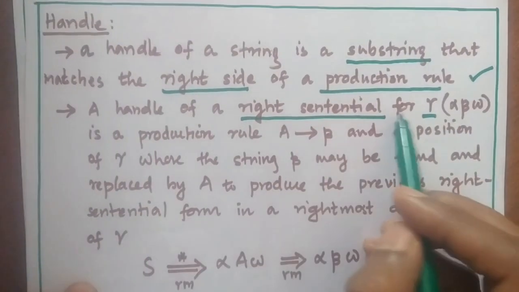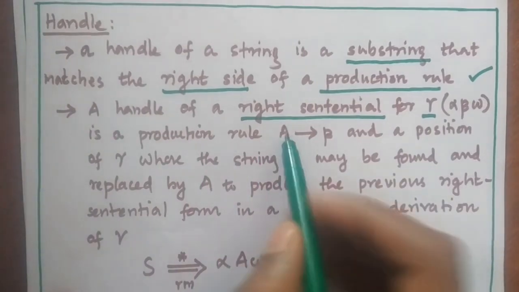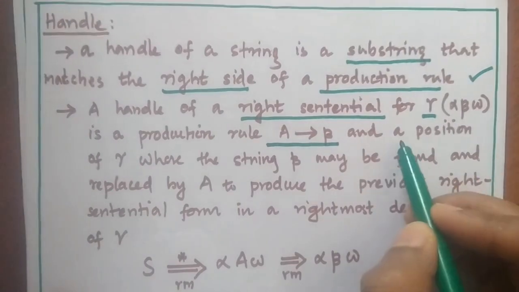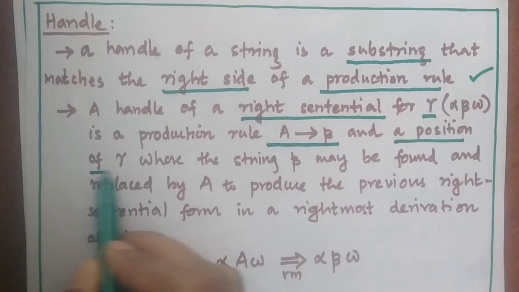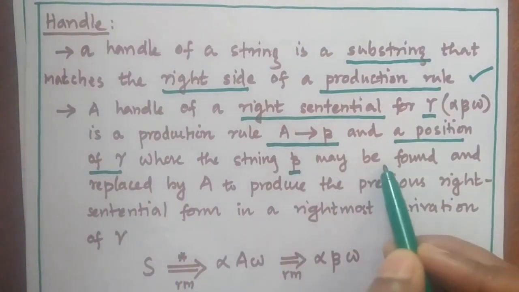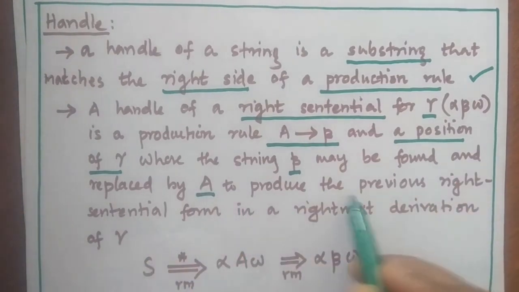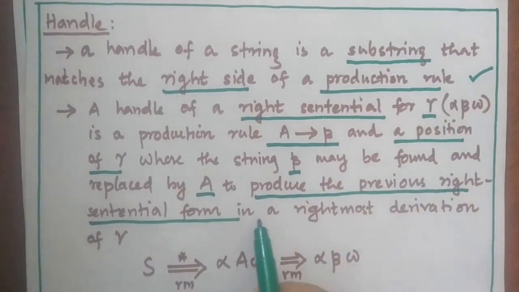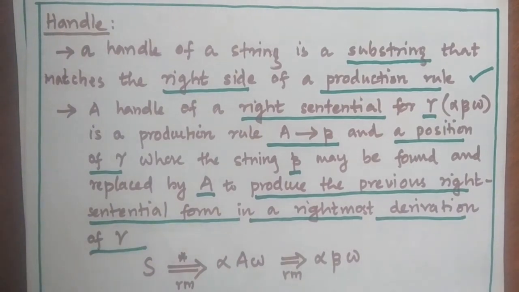A handle of a right sentential form gamma is a production rule A gives beta and a position of gamma, where the string beta may be found and replaced by A to produce the previous right sentential form in a rightmost derivation of that gamma.